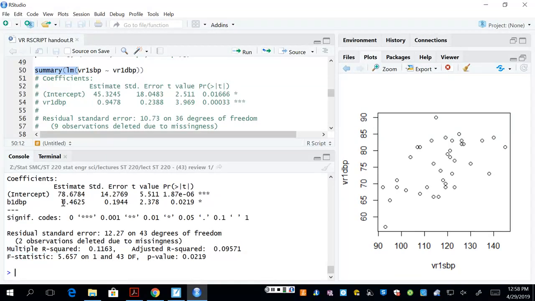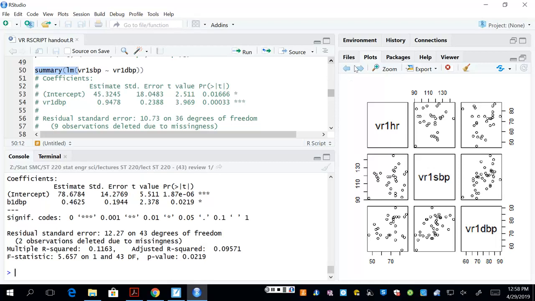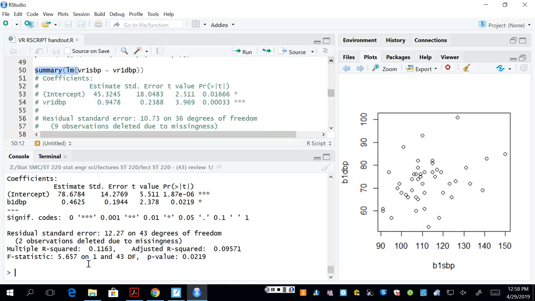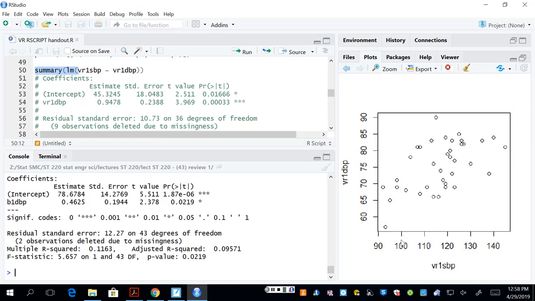So the base one that we were talking about, that picture, this base picture is only about 12% R squared. But the one after the virtual reality, once the stimulus is there, then the correlation was a little bit stronger, 0.33.